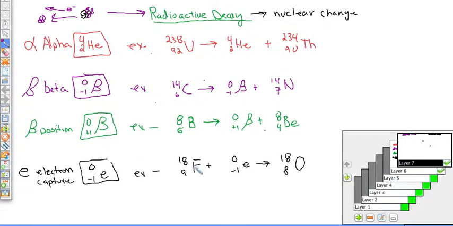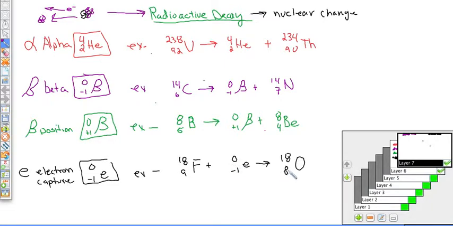There's also another kind of interesting type of decay called electron capture. So in electron capture, the nucleus can actually bring into itself an electron, actually pull the electron all the way into the nucleus. And when it does this, so here we have fluorine right here. When fluorine pulls that electron into the nucleus, it'll actually combine with one of the protons essentially and cancel it out.